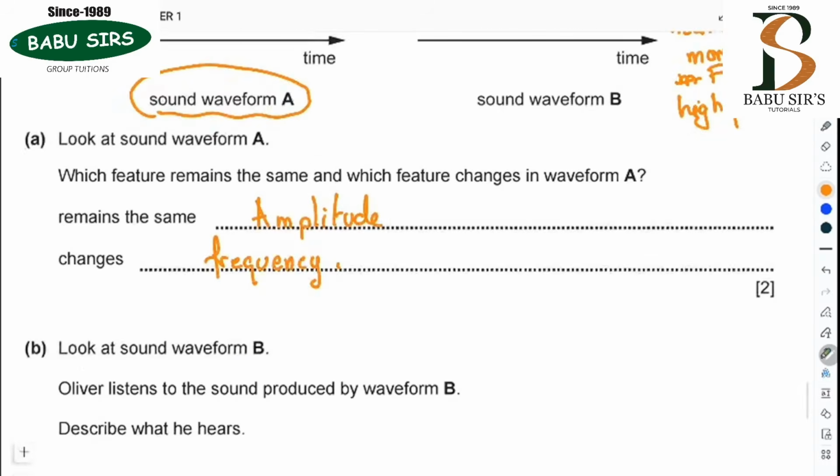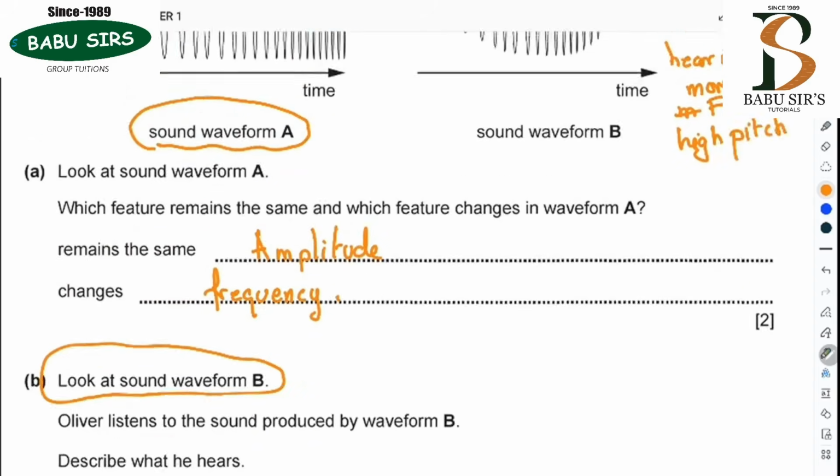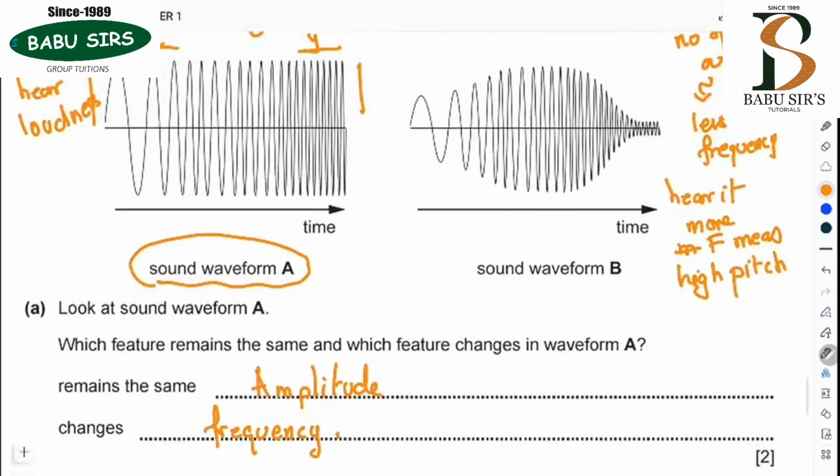Second, they are telling us to look at B. So you are now looking at B. In B, you can see the amplitude is changing. Here the amplitude is less, here it is more, and again it is less.